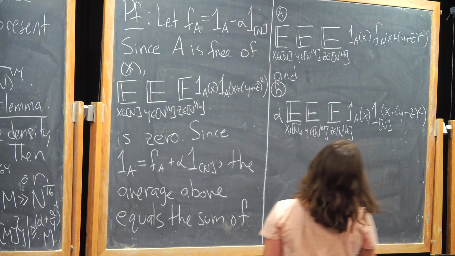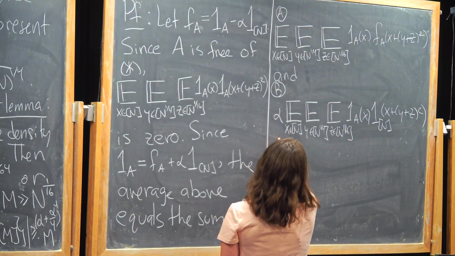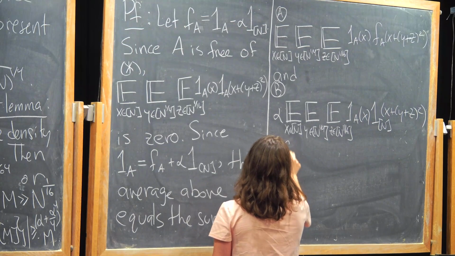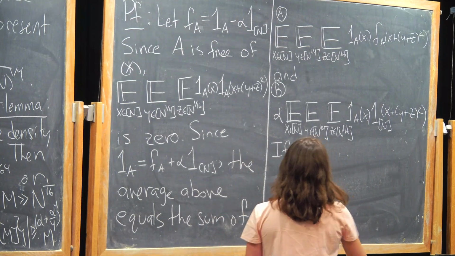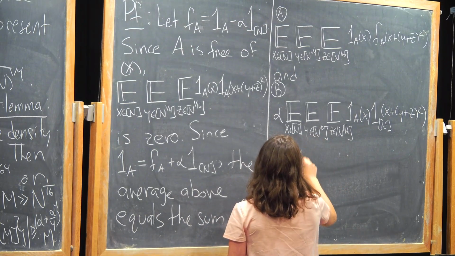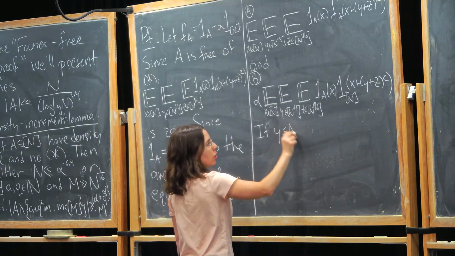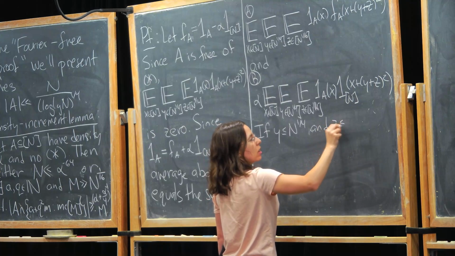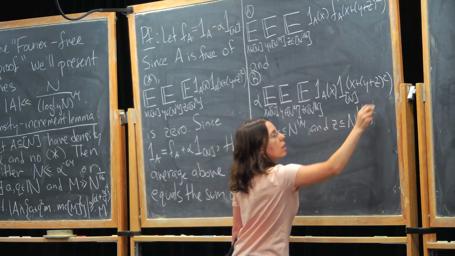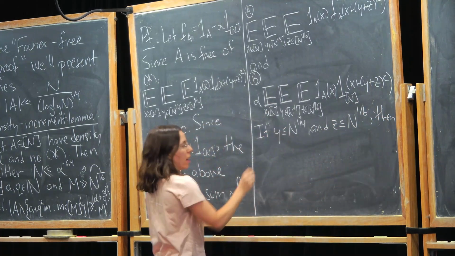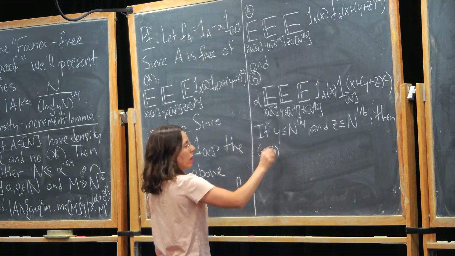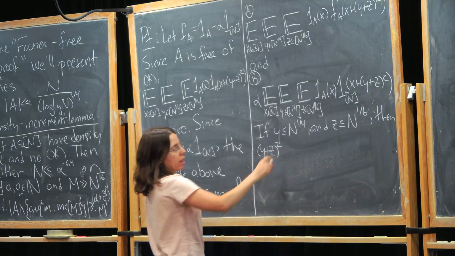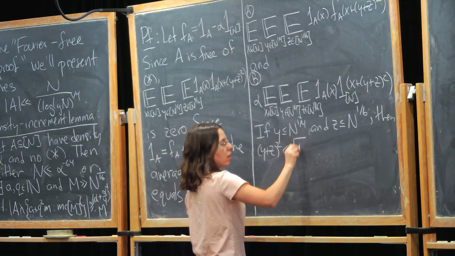So let's consider the second of these two averages first. Note that if, as we have here, y is an integer that's at most n to the 1/4, and z is an integer that's at most n to the 1 over 16, then y plus z squared is going to be on the order of at most n to the 1/4, so its square will be on the order of square root of n.